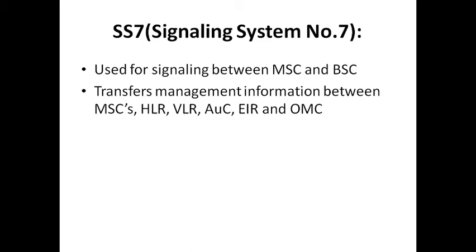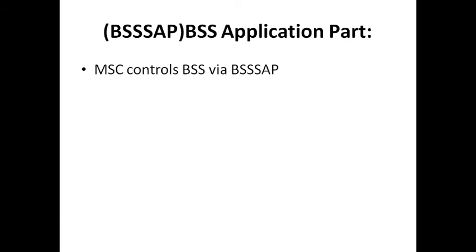And the next one is BSSAP, which means BSS application part. In GSM architecture we have seen about BSS. Here BSSAP means BSS application part. This BSS application part controls BSS in the GSM architecture.